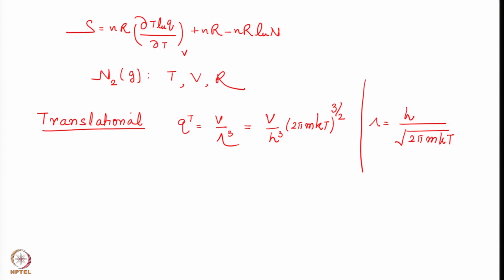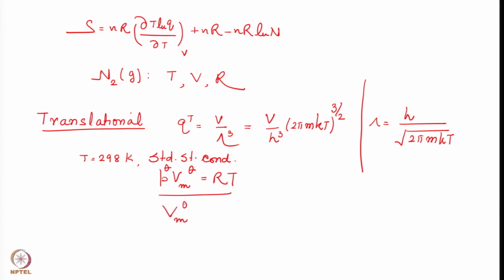V upon lambda cube. We are asked to solve this at T equal to 298 Kelvin, 25 degrees centigrade, and we are given standard state conditions, right. I am not writing the naught, but assume that it is there. That means I can get Vm naught is equal to RT by P naught, where P naught is 1 bar.